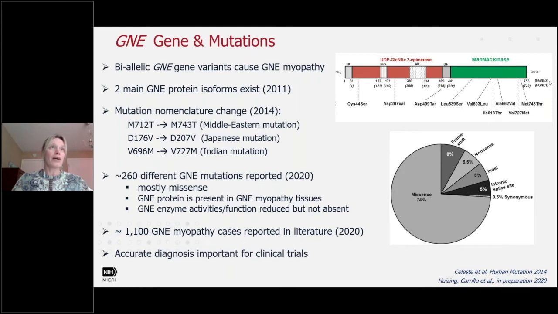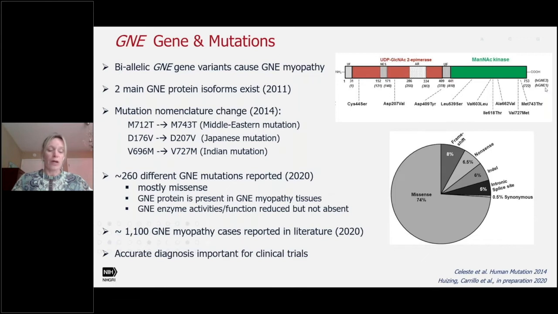In 2011, another so-called isoform of the GNE protein was described, and this isoform is 31 amino acids longer than but otherwise completely similar to the previous GNE1 isoform.